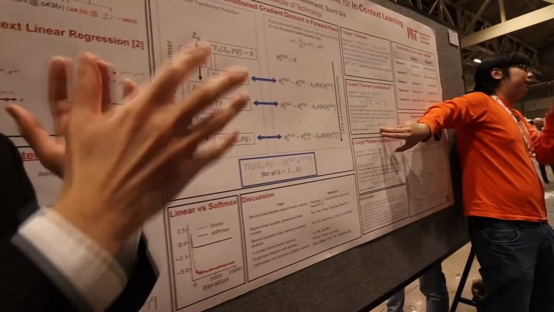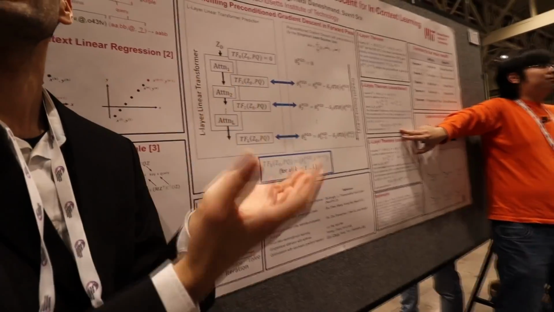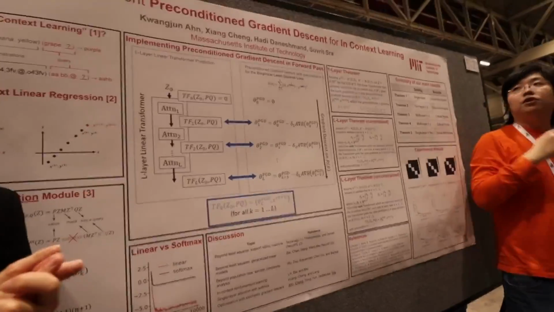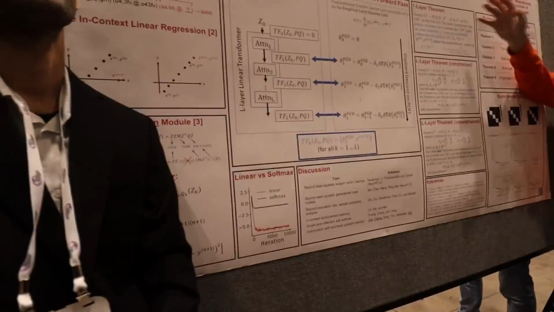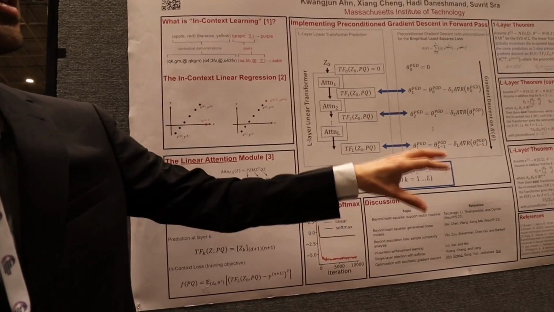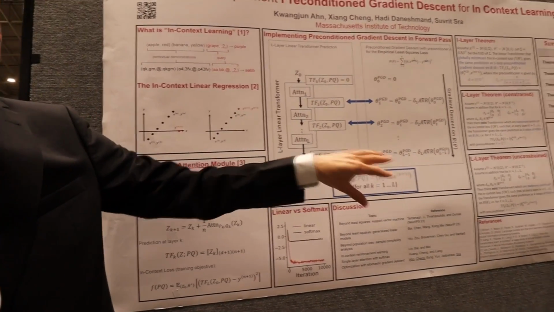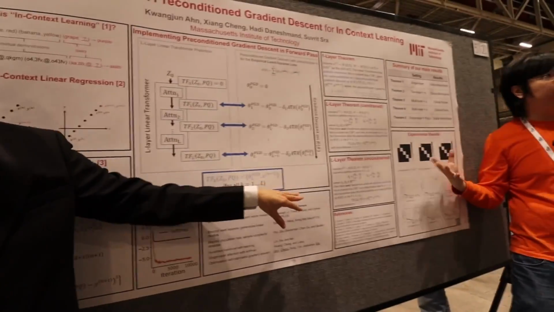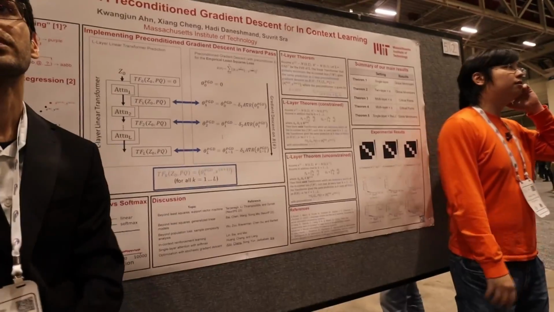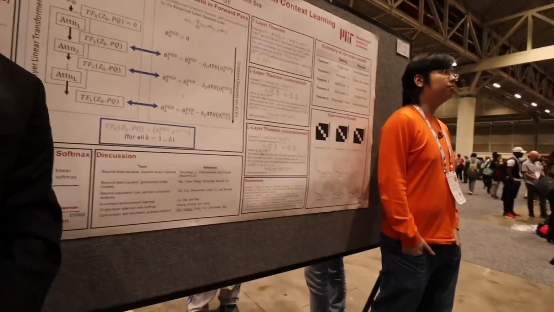We couldn't say it's a global minimum or a local minimum, it's just a stationary point. And then you try it out in practice? In practice, we optimize it, and we found that even for multi-layer, we are converging to the same structure that we characterized, the same stationary point. Very cool. What's the implication?